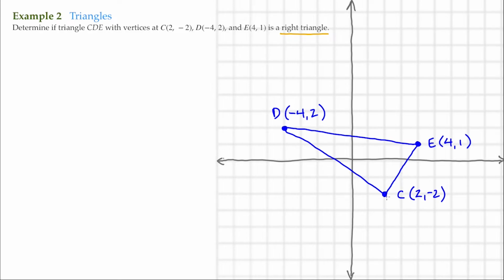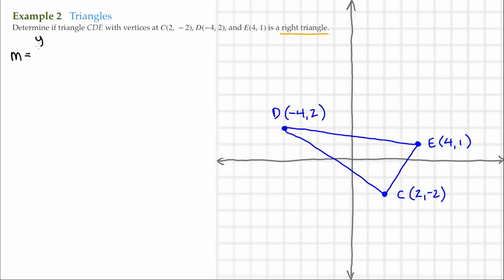Or it could be segment CE and segment DE. If their slopes are opposites and inverses of each other, then this angle is 90 degrees. So we'll use the slope formula to determine that.